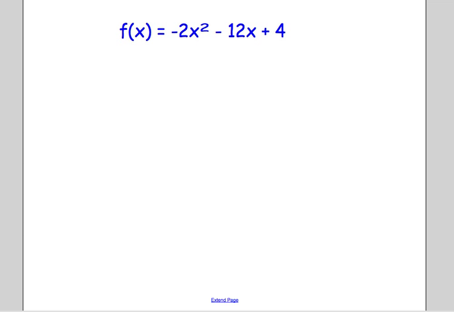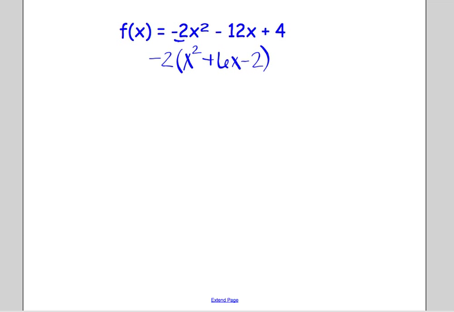This one looks a little different because there's a -2 in front of the x squared. Before I do anything, I'm going to go ahead and factor that -2 out in front. I want the x squared to be alone. So we're going to get x squared plus 6x minus 2 when we factor.